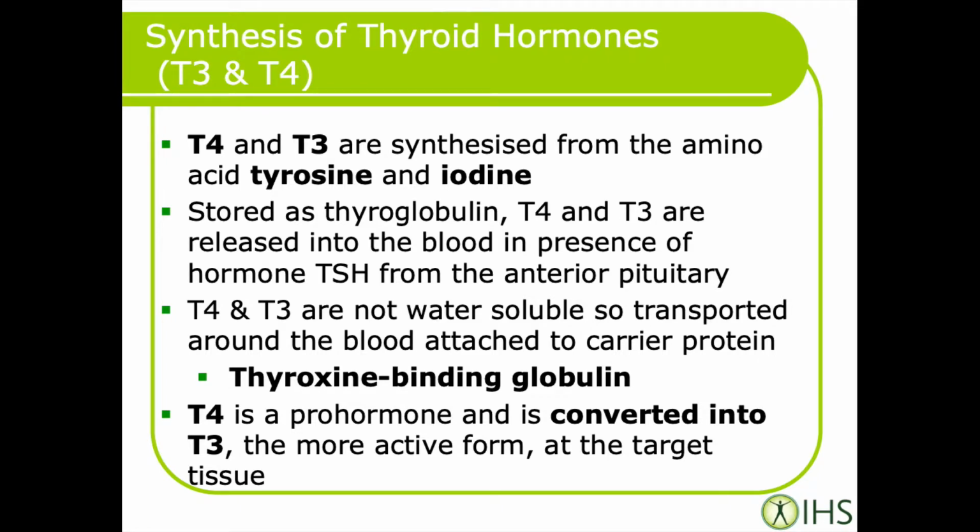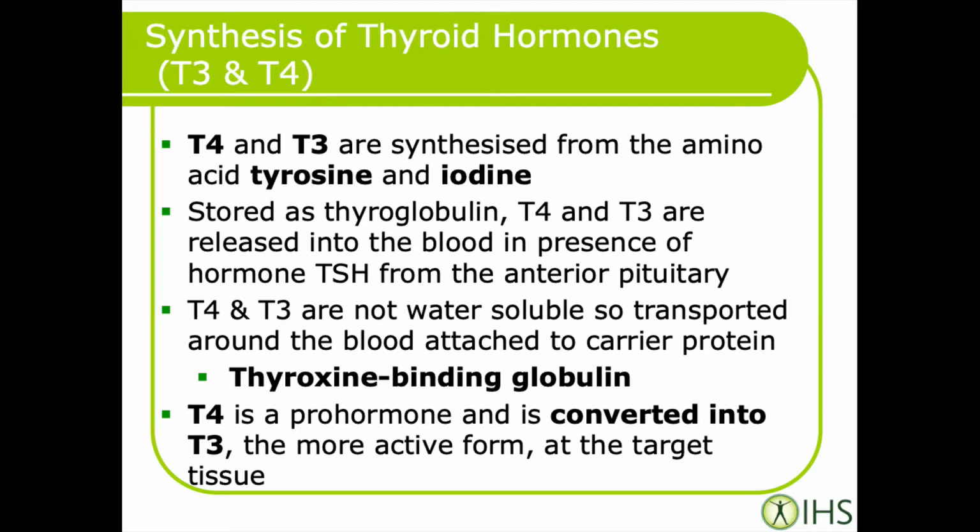So how are T4 and T3 produced? T4 and T3 are a combination of the amino acid tyrosine and iodine. We looked at this a little bit in part 2A. They're produced from tyrosine and iodine, and then they're stored as something called thyroglobulin.